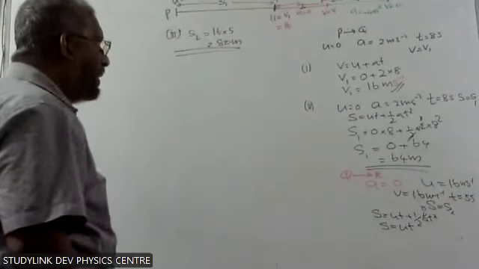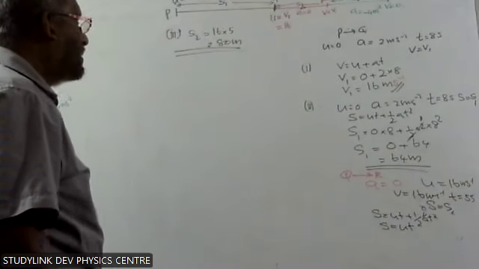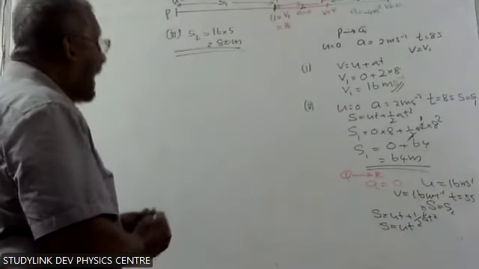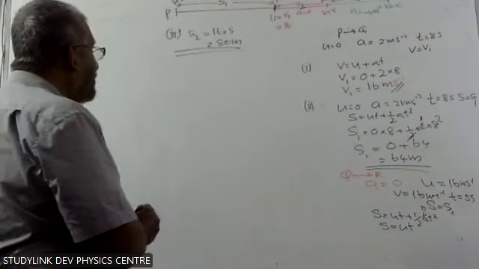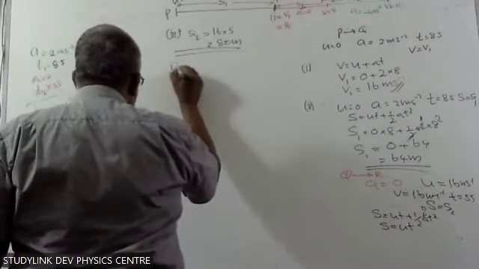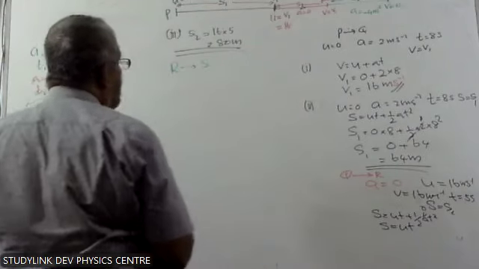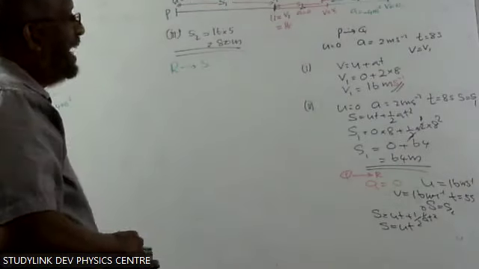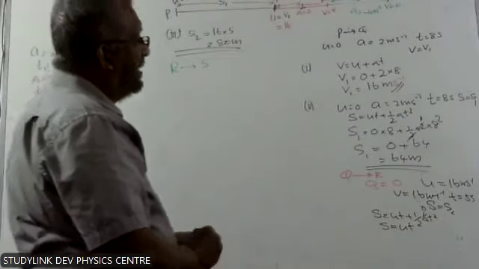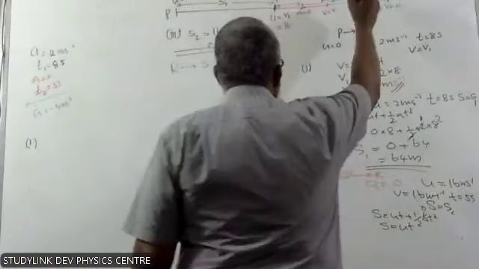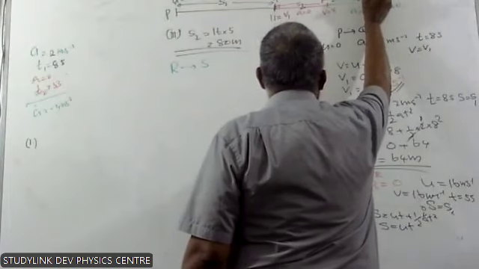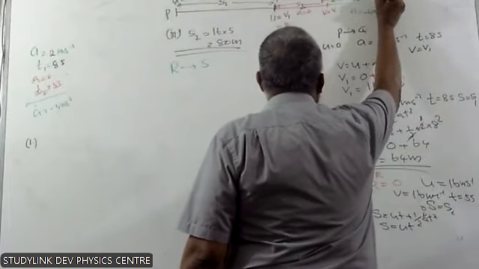Under constant velocity, it travels 80 meters. Third one, that is R to S. But I asked the total time and total distance. So therefore, anyhow, you have to find the time here. The time taken for this, we'll consider T3 and S3.